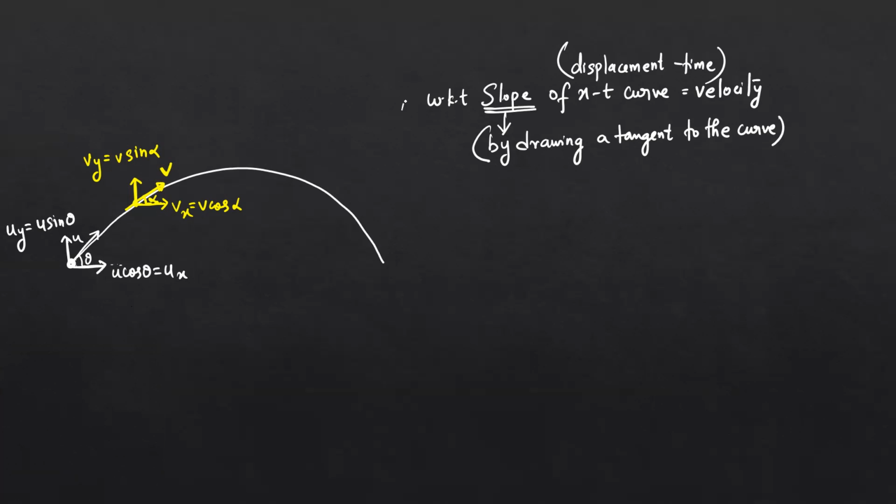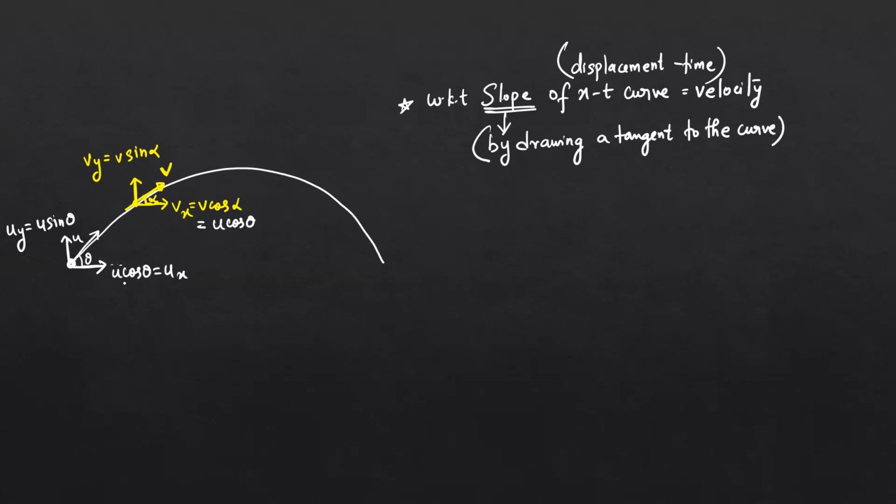So we understood one point, that the slope of the displacement time curve represents velocity. Therefore, if I want to find the direction of velocity, I have to draw a tangent. Then next, V cos alpha is going to be equal to u cos theta. What is the reason?